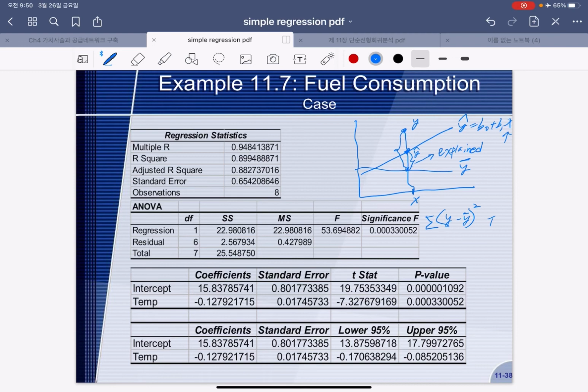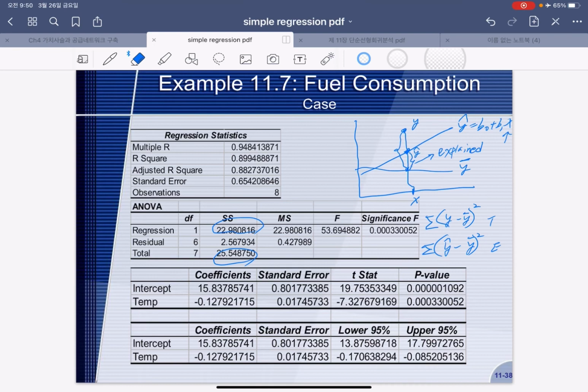So that means y hat minus y bar, and you square this and add these up. This is the explained variation, and this is the total variation.